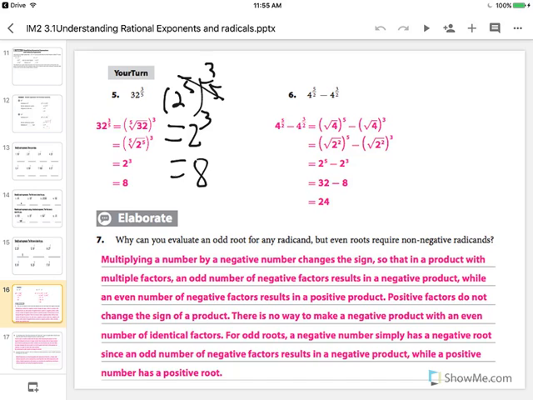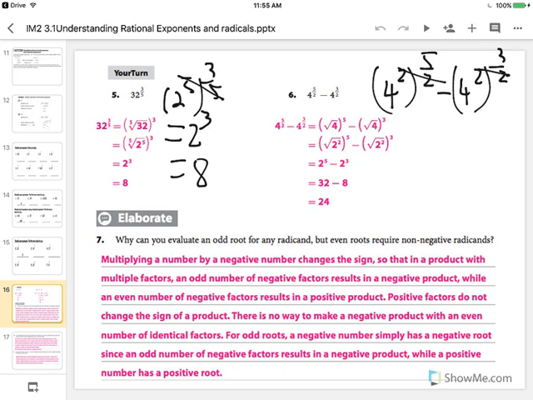Okay, so for number 6, this is one way to solve it using the radical. I'm going to show you how to use the exponent. So that they cancel out.